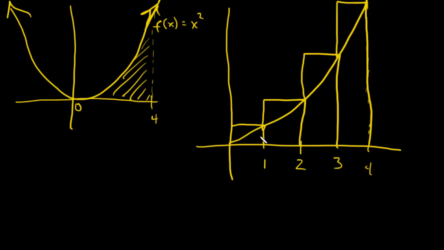Now I'm going to call these R1, R2, R3, and R4. So if I can find the area for all of these rectangles, not too bad. If I do that, I have an estimate for the area that's actually under the curve.